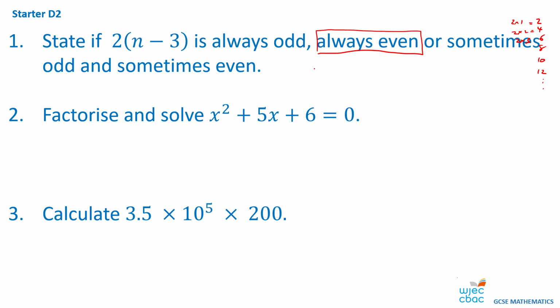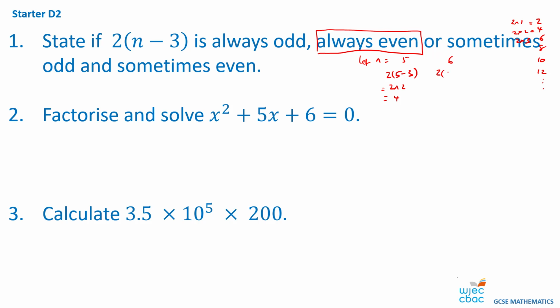But you can't just say it's always even. You have to give 3 examples. So let's let n equal 5. That means we've got 2 times 5 minus 3, which is 2 times 2, which is 4. So that's one example. N equals 6.